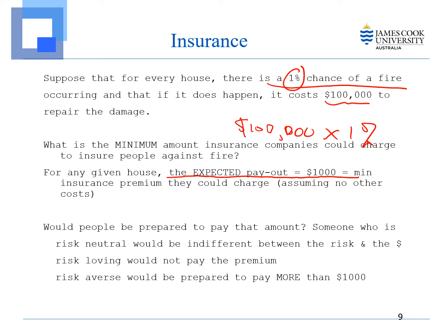If a person is risk neutral, they will be indifferent between taking the risk and purchasing the insurance, paying out $1,000. If risk loving, they will not pay this premium. If a person is risk averse, they will be prepared to pay more than $1,000, so they will purchase this insurance.